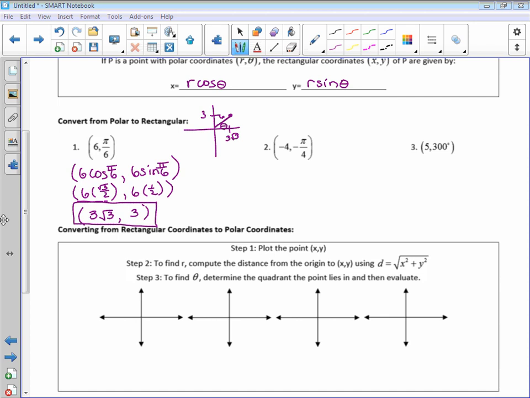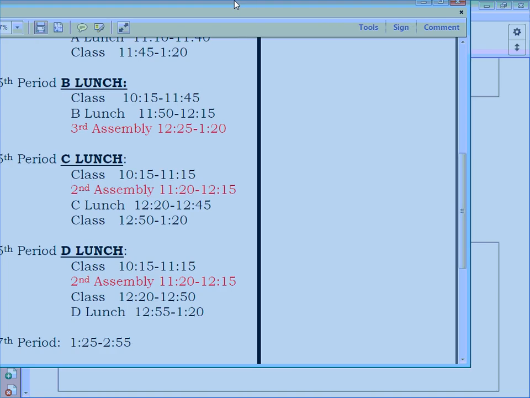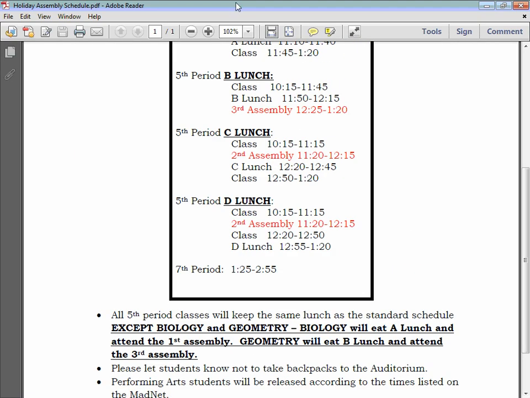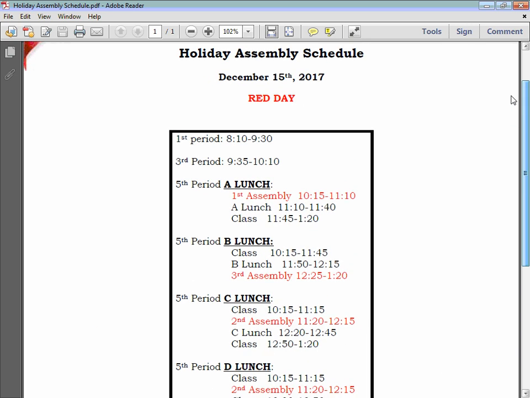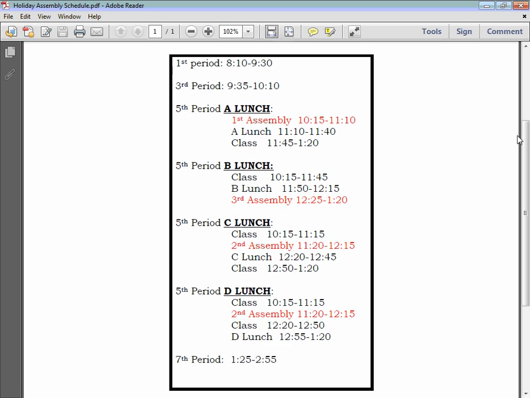There's no Warhawk time, and your other classes are all a little bit shorter. It's still really long. It's still a full day. Okay, there you go, every class. Feel free to take a picture, or it's going to be in the video now for everyone.